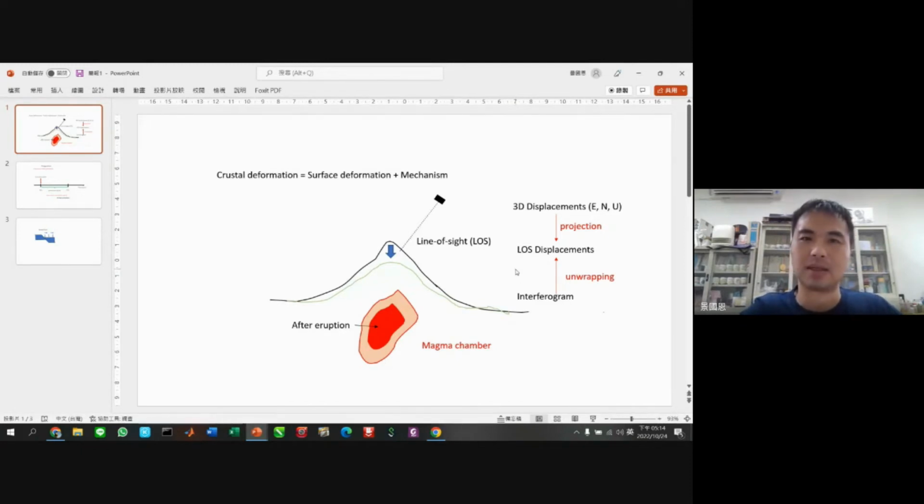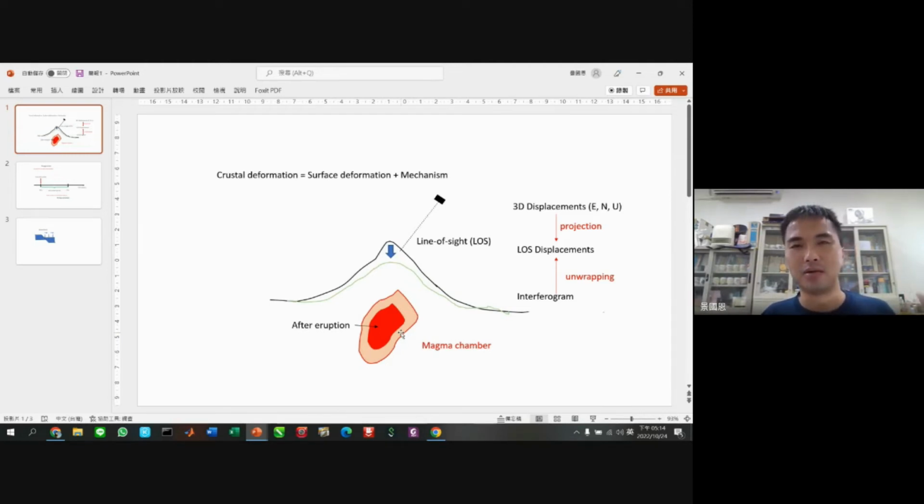But once again, just like what I said in the beginning, the purpose of crustal deformation study is to understand the mechanisms. If we use fault or earthquake study as an example, we always want to predict the earthquake or estimate the earthquake potential. So that is our final purpose.